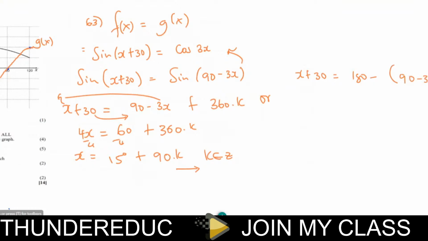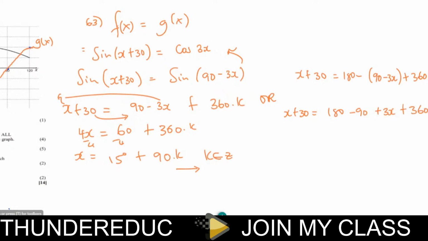And then we can plus our 360 and the k. Just jot it again. So we're saying 180 minus 90 minus 3x. We close the bracket, plus 360 times k. Then open up the brackets and regroup. So x plus 30 is equal to 180 minus 90 plus 3x plus 360 times k.